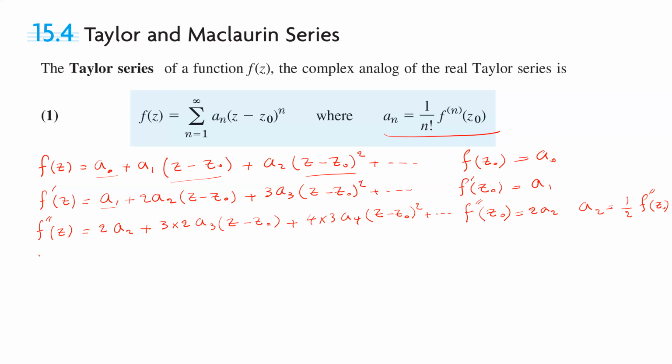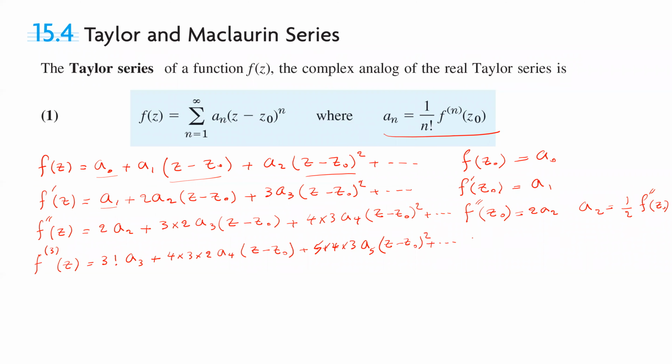And if you do the triple derivative, let me call it f triple prime, then this goes away, and it becomes 3 factorial times a3 plus 4 times 3 times 2 times a4 times (z minus z naught), plus next terms, like the next one will be 5 times 4 times 3 times a5 times (z minus z naught) squared, and so forth.